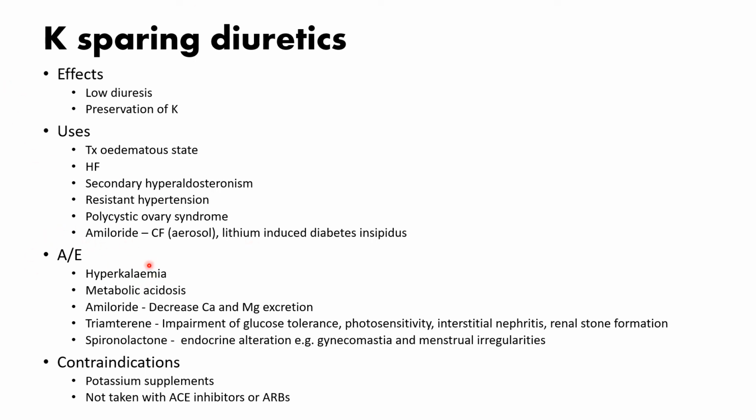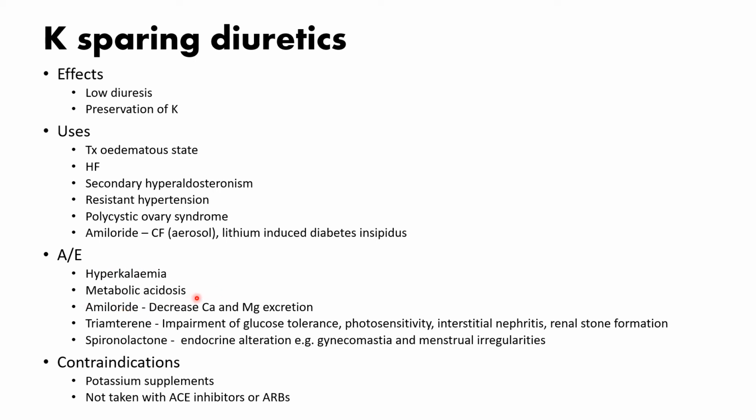Adverse effects include hyperkalemia, because we preserve the potassium in our bloodstream, therefore we increase the concentration of potassium in our body, leading to hyperkalemia. We also get metabolic acidosis because we're not getting rid of that hydrogen ion, remember?